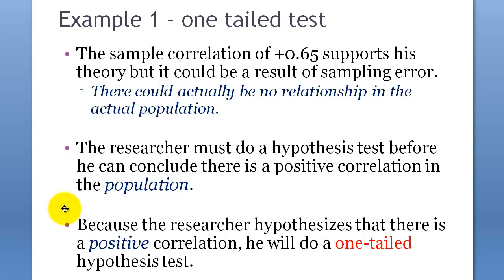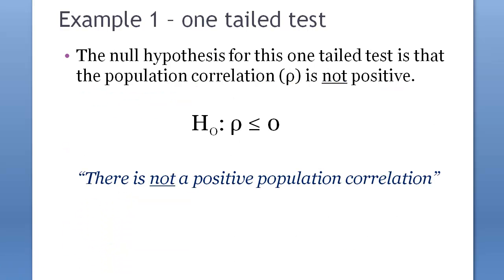So the researcher hypothesized that there is a positive correlation. We do a one-tailed hypothesis test, and of course, a null hypothesis. This is rho, the Greek letter for r. Rho is the population parameter for correlation.